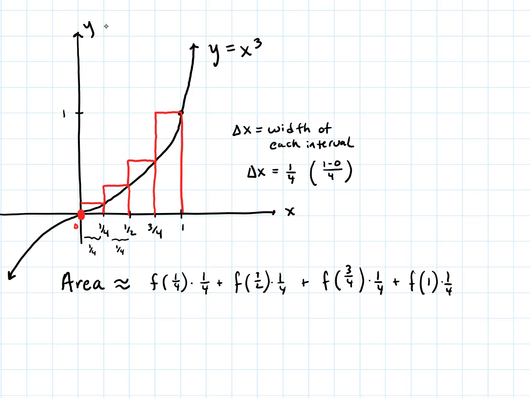I'm going to speed up the video and just plug in these numbers, and we'll see the final calculation, because now it's just plug and chug. This is 1/4 cubed times 1/4 plus 1/2 cubed times 1/4.